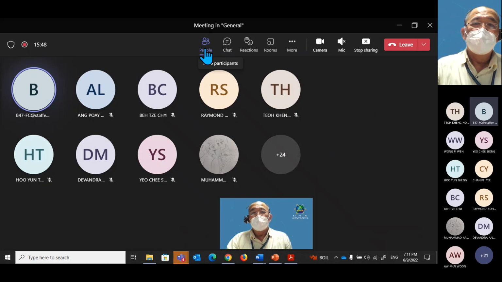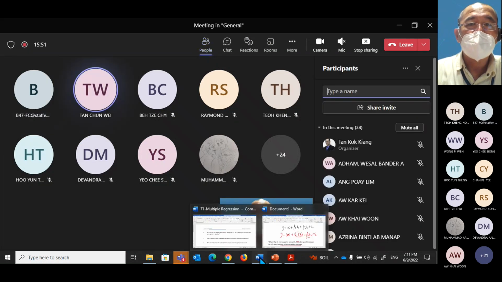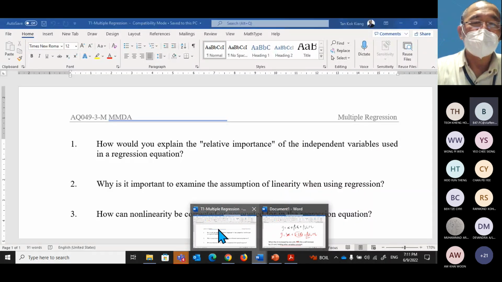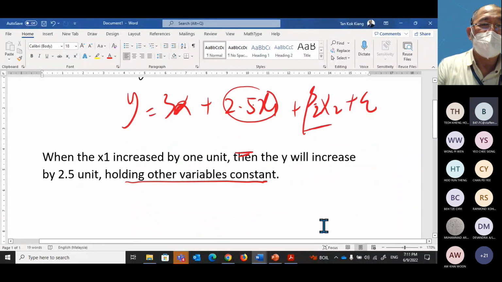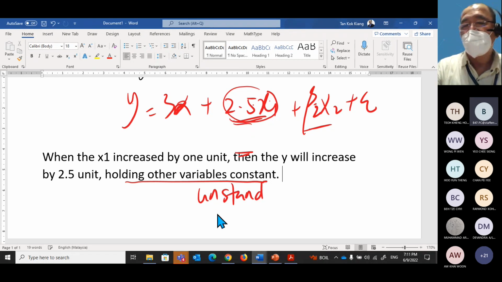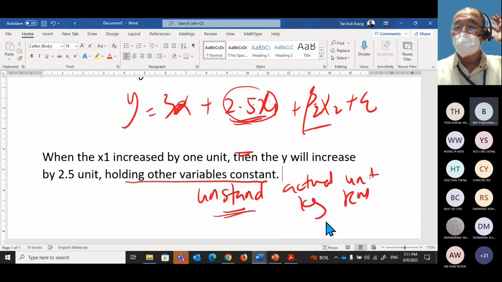So this beta coefficient, as you said, should it be a standardized beta coefficient rather than unstandardized? This is unstandardized, correct. Because we use the unstandardized coefficient, they follow the actual unit, for example kilogram or ringgit and so on.